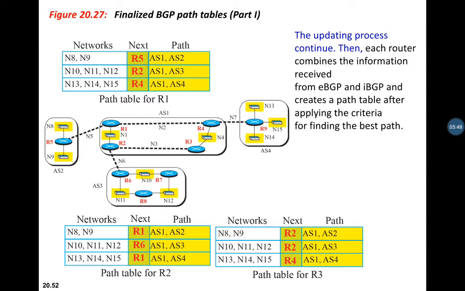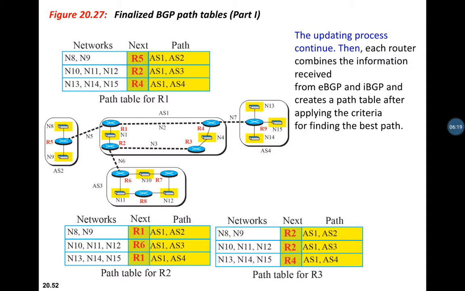So this is about the path tables. You can see here which are the next routers, and by connecting them which autonomous systems get connected. Here you can see R5, here also R2, here also R4. With respect to the path table of R2, it is R1; similarly 10, 11, 12 by R6, and 13, 14, 15 by R1.